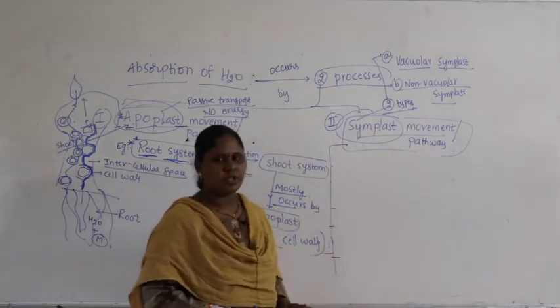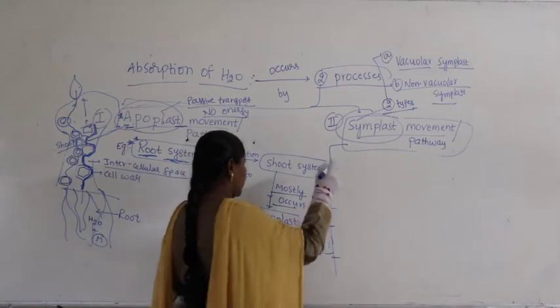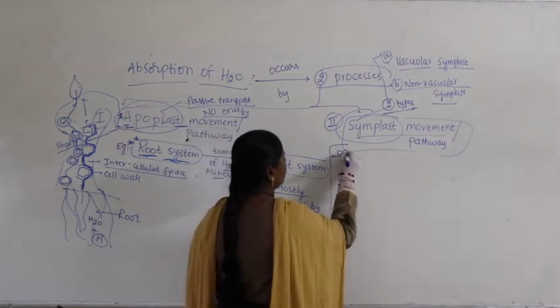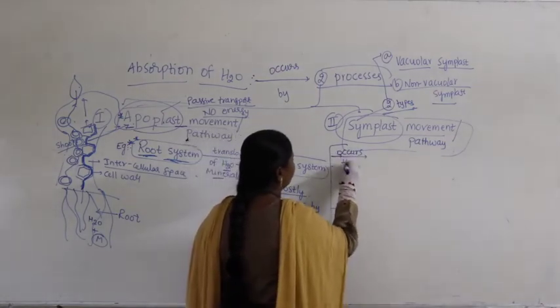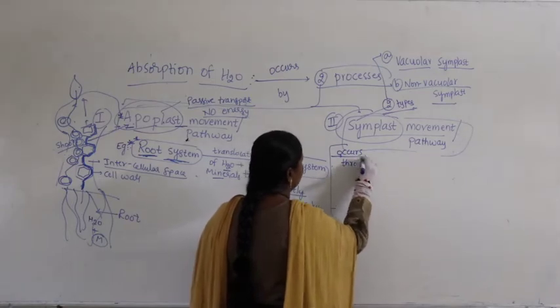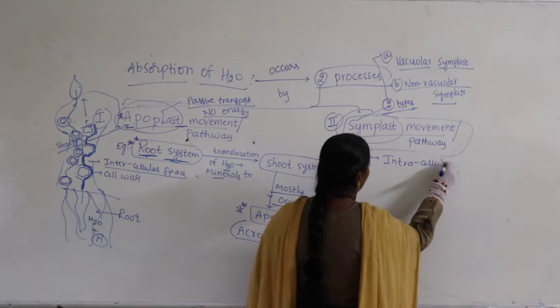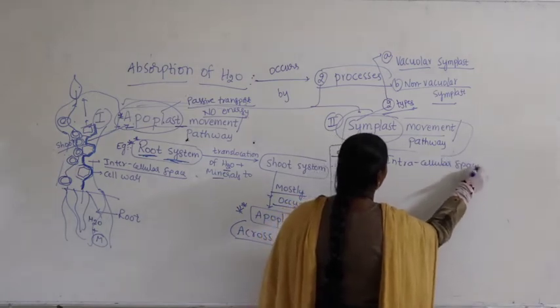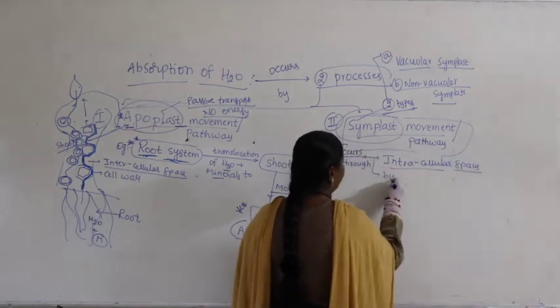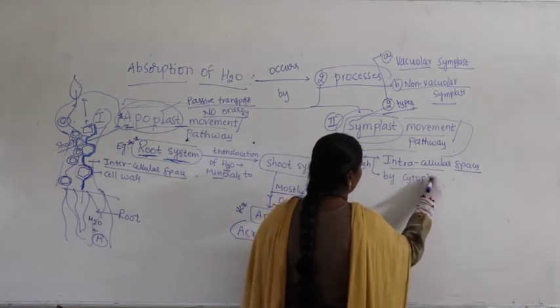Now let us differentiate. What is happening in this case? Symplastic movement occurs through intracellular spaces by cytoplasmic streaming.